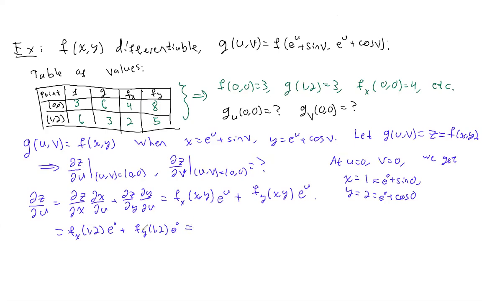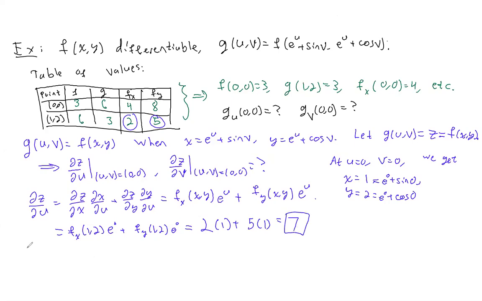And if we look back at our table, f_x of (1, 2) is just going to be 2. And e to the 0 is of course just 1. Plus f_y of (1, 2), which we see as 5. So the answer is 7.